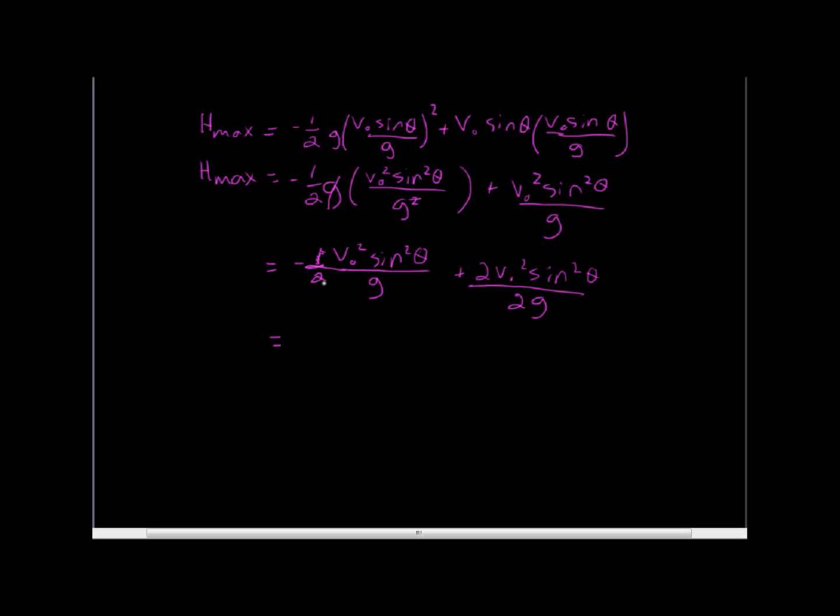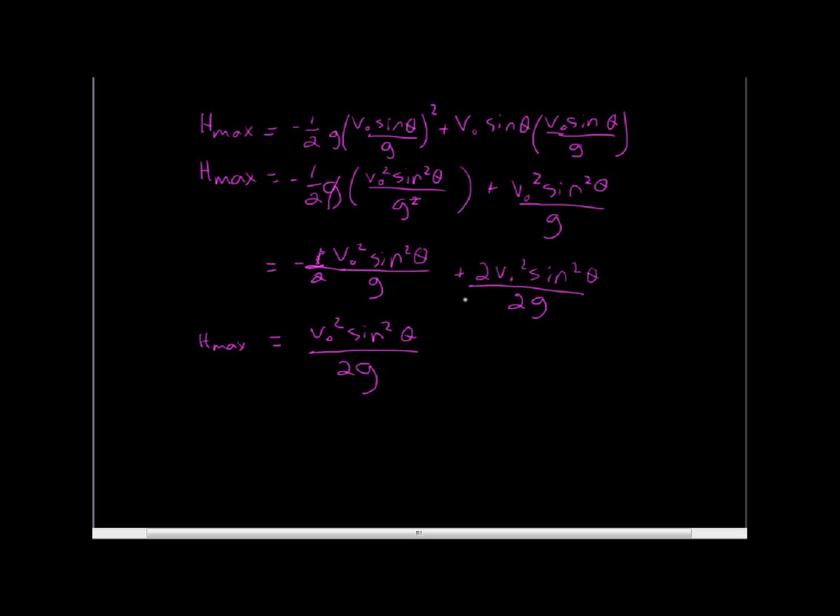Then it's just 2 times one quantity minus one of the same quantity, so simple fraction subtraction. It looks more complicated than it really is. That leaves us with our maximum height being equal to v naught squared sine squared theta over 2g.